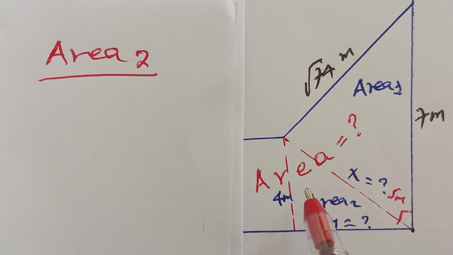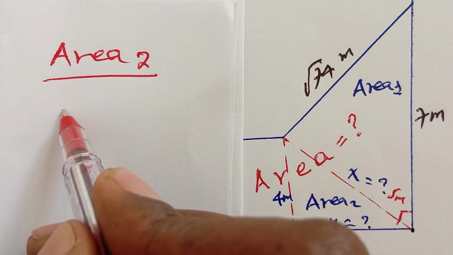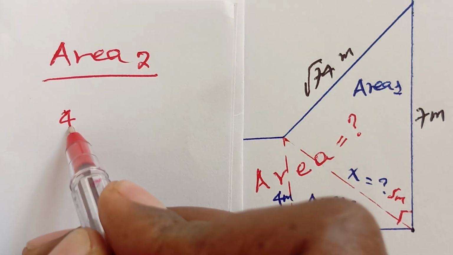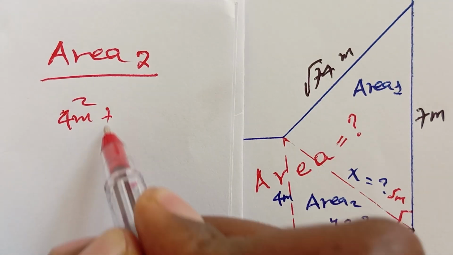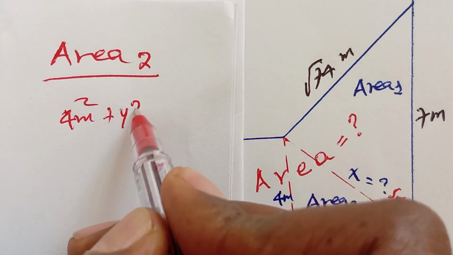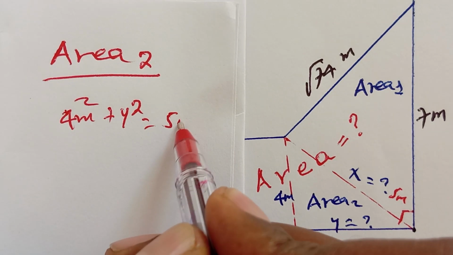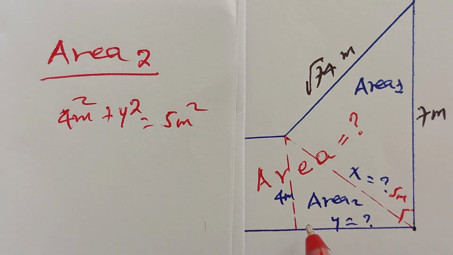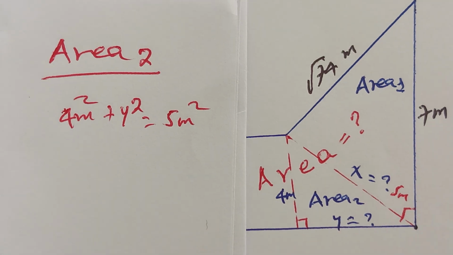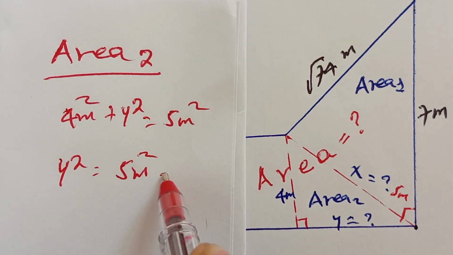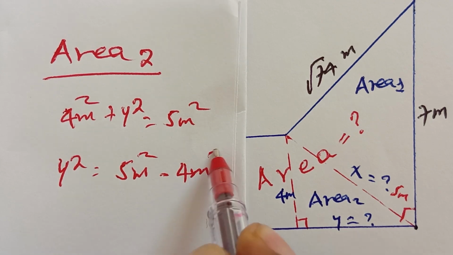I'm using the Pythagorean theorem: 4 meter square plus this y square is equal to 5 meter square. Using Pythagoras in this right angle triangle, y square is equal to 5 meter square minus 4 meter square.